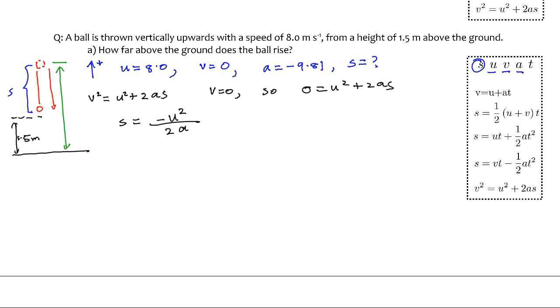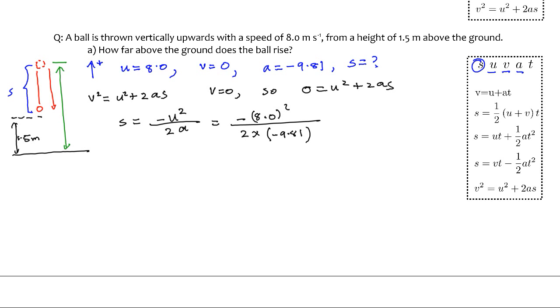So what is that? Minus U squared would be minus 8 squared, divided by 2 times my acceleration, which now has a negative value, so I have to write it as negative 9.81.